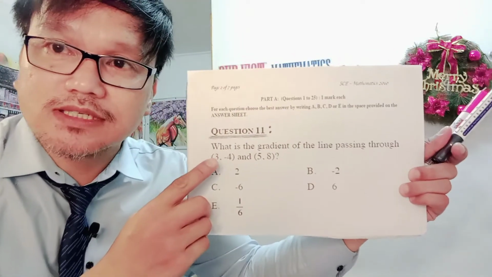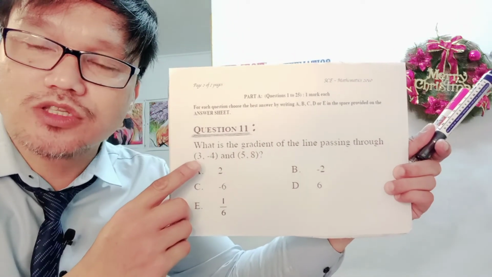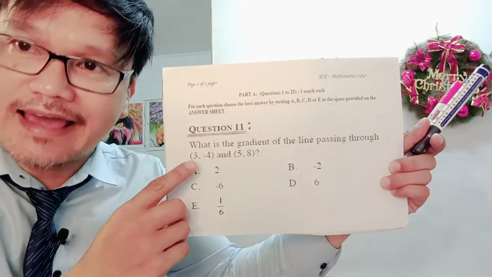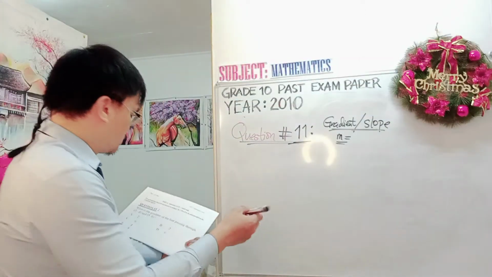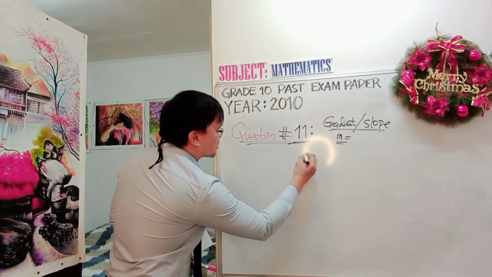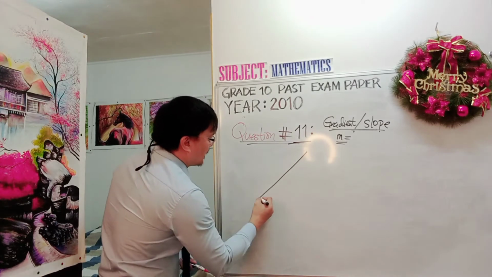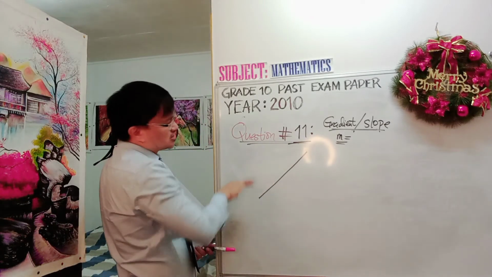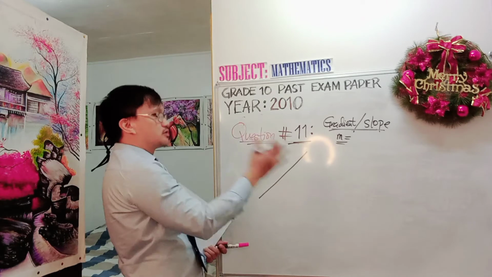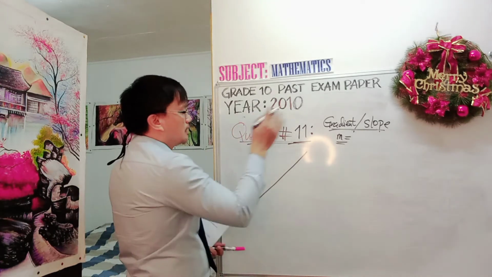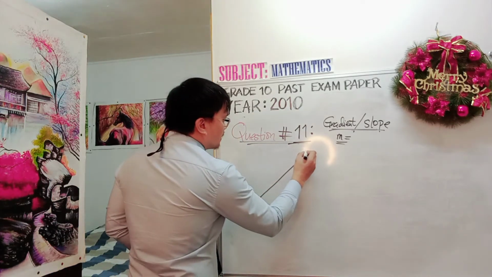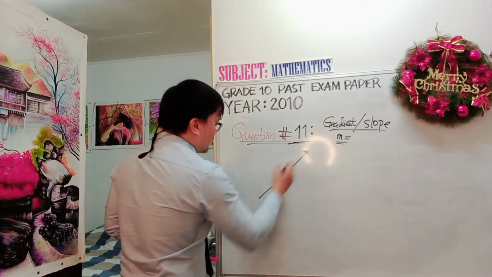When it comes to this kind of question, all you need to do is draw a line, regardless of how the line is sloping, to the right or to the left. What is important is you draw a line.